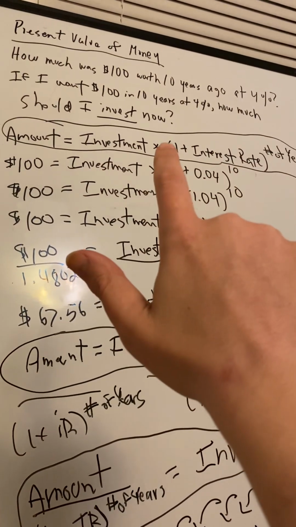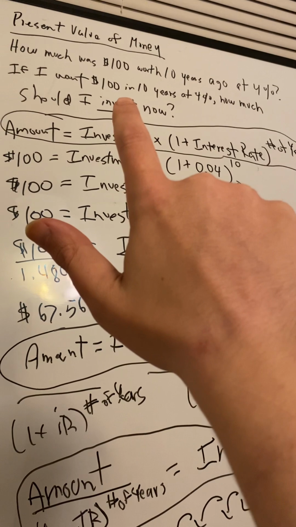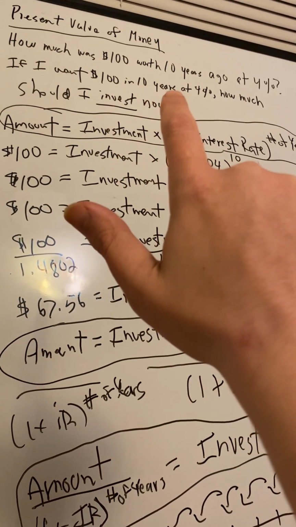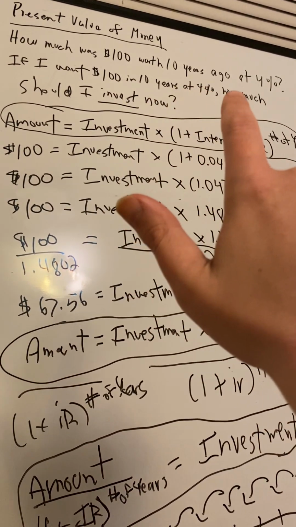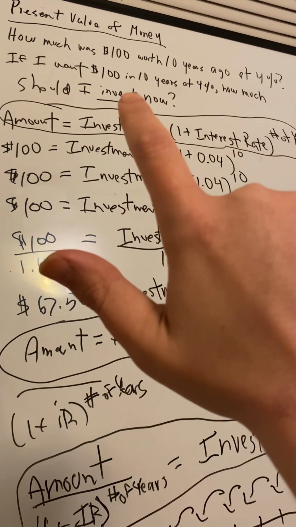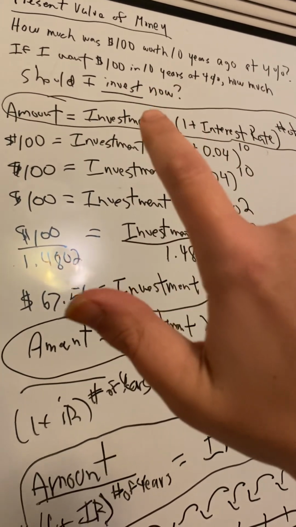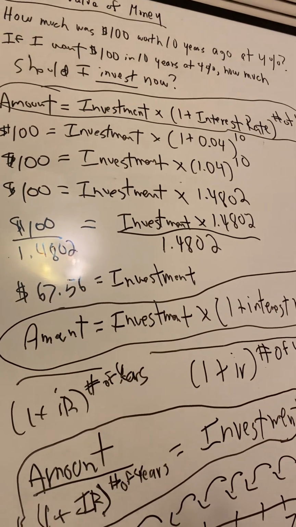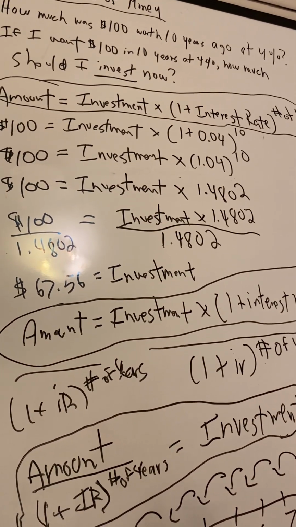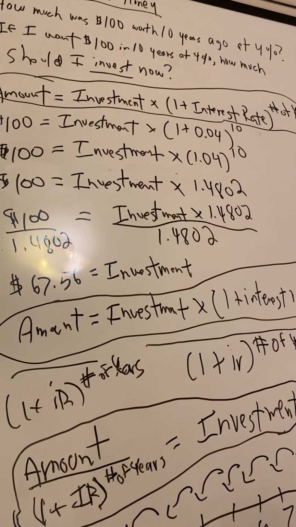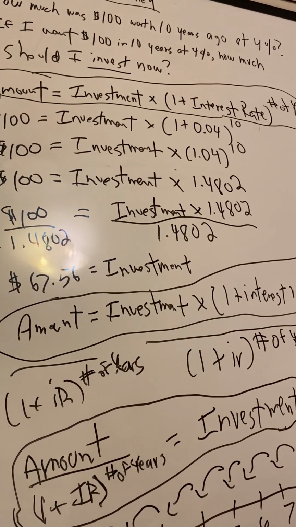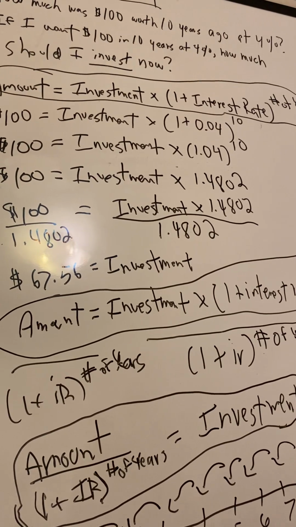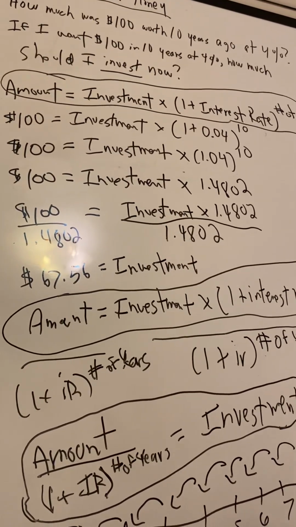Another way of saying this is, if I want $100 in 10 years at a 4% interest rate, how much should I invest now? Now notice how I underline the word invest, because now we're not looking at how much we want at the end. We're looking at how much to invest now to get that amount at the end.